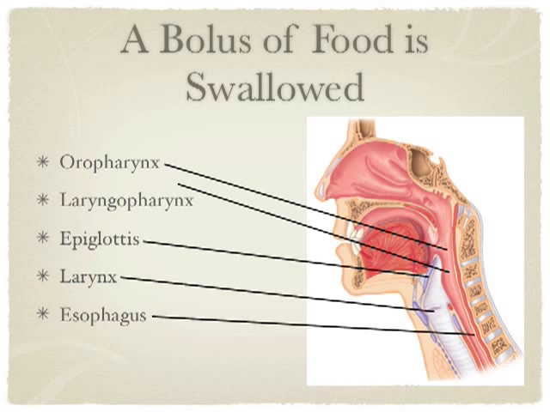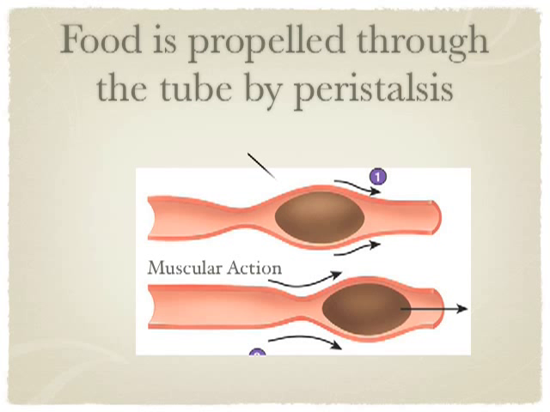And the esophagus does that through a muscular action. The food is literally propelled through the tube by a motion called peristalsis. It's a muscular action. The tube is squeezed and the bolus is pushed along.